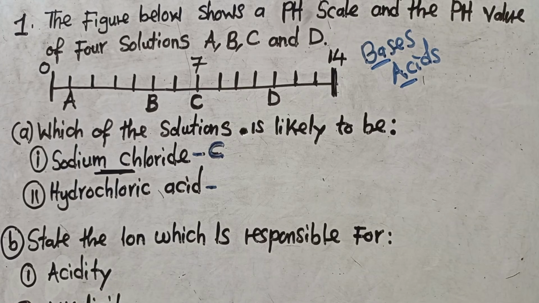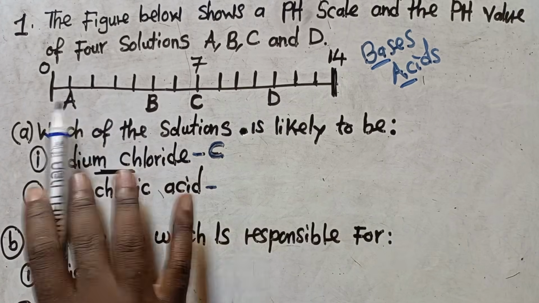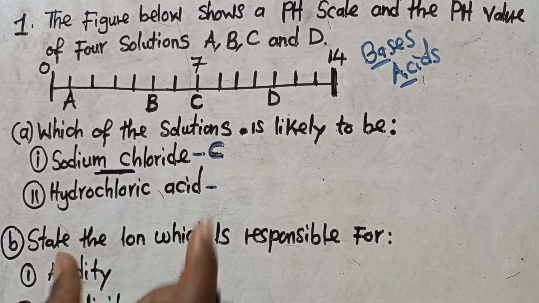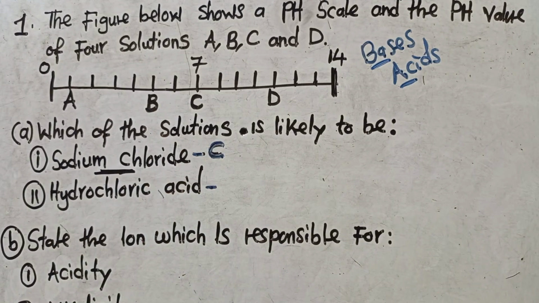According to the given scale, hydrochloric acid can only be A, as it is the lowest pH of 1, while B is too high for an acid. This is what you need to understand.